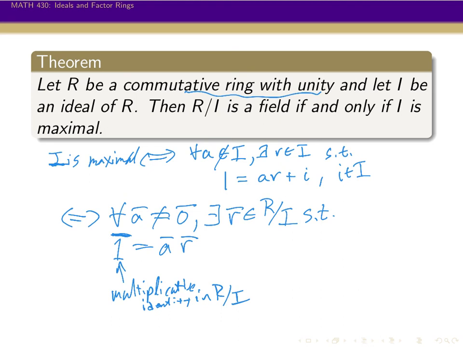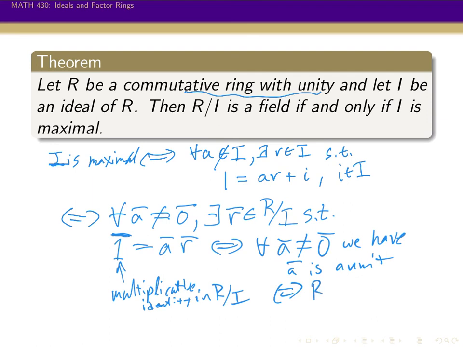And so for any a bar not equal to 0 bar, we have that a bar is a unit because it has a multiplicative inverse, and this is what it means for R mod I to be a field.